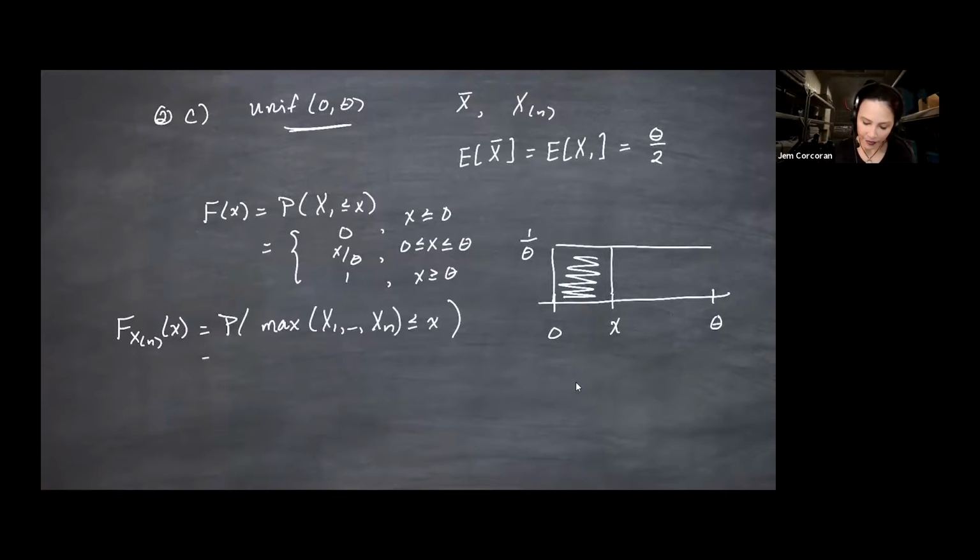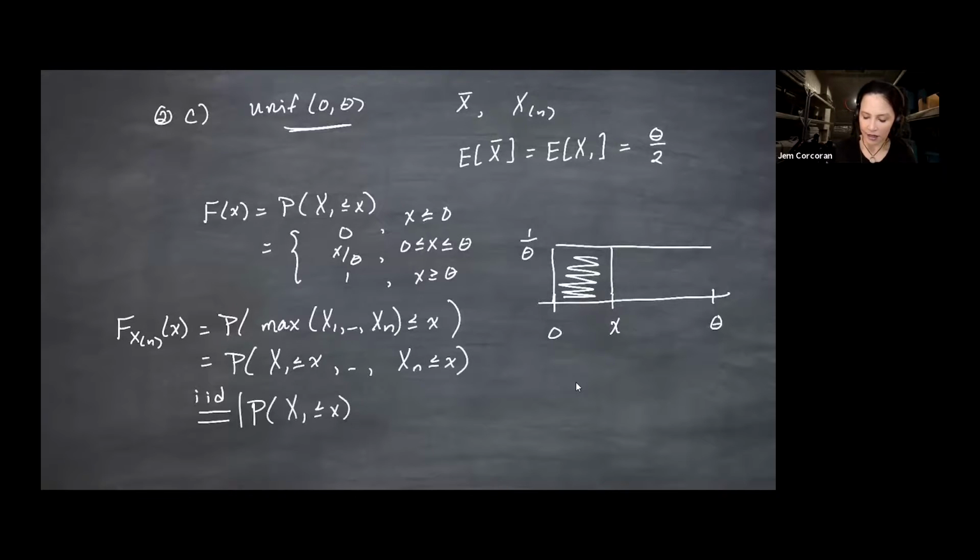So this is the probability x1 is less than or equal to x, ..., xn less than or equal to x, and because they're IID, you can factor these and it's all the same probability, so we get the probability x1 is less than or equal to x, to the nth power, and this is x over theta to the n, and this holds for any x between 0 and theta.